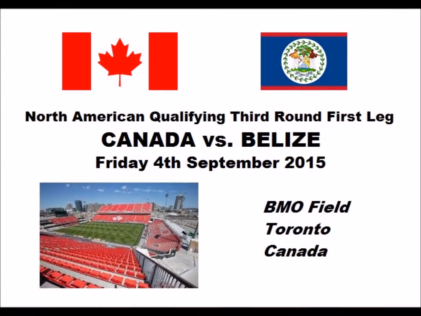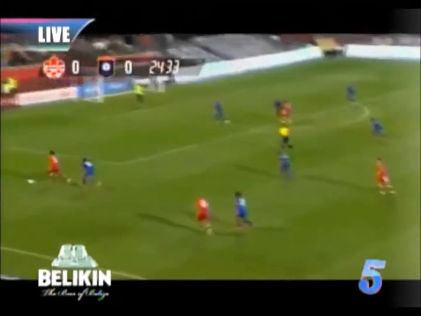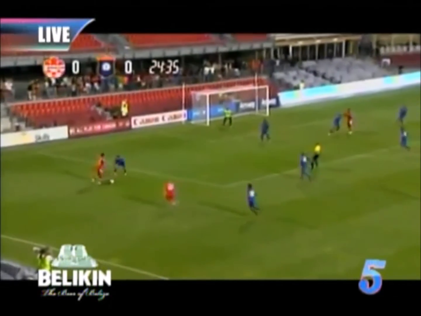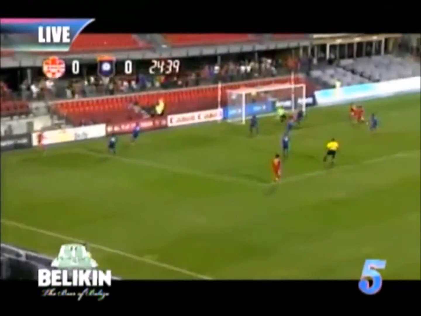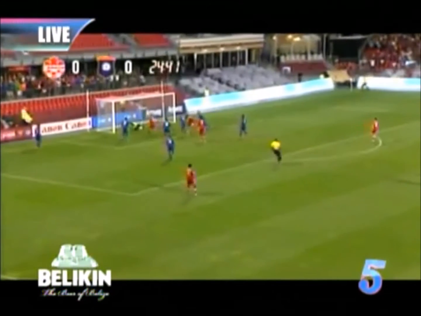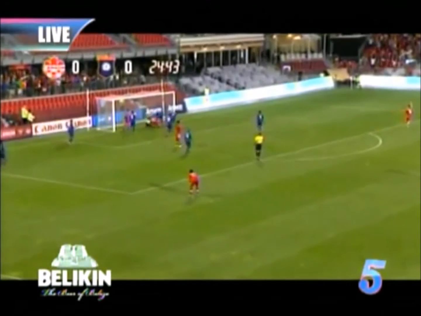Moving on now to Toronto FC's BMO Field as Canada hosted Belize. It began well for Canada, with Ricketts opening the scoring in the 25th minute after a bit of a scramble.